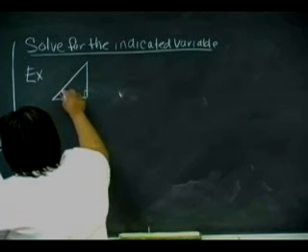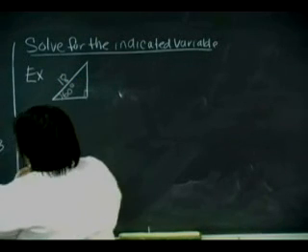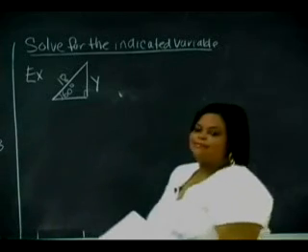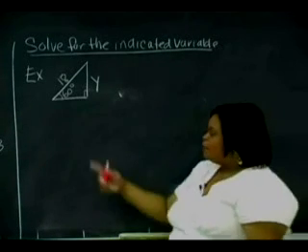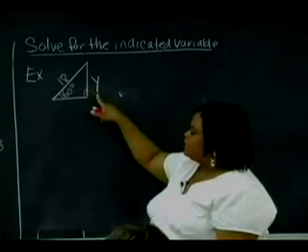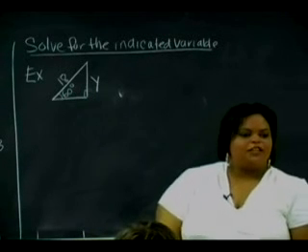I'm given that this angle is 60 degrees. I'm given that the hypotenuse is 18, and I need to find y. So I'm given an angle, I'm given the hypotenuse, and I need to find the opposite side. I am not given the adjacent side. How do I want to start this problem?